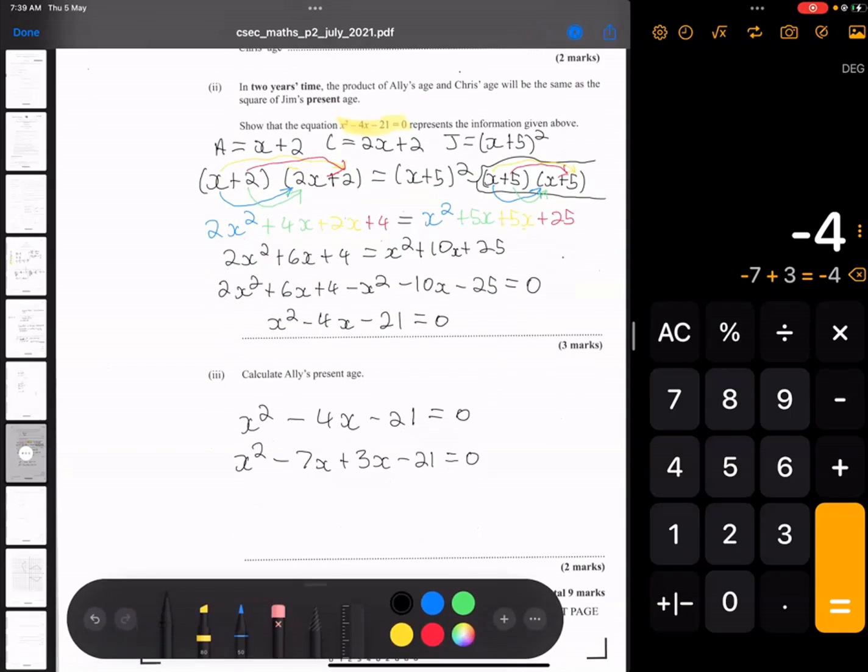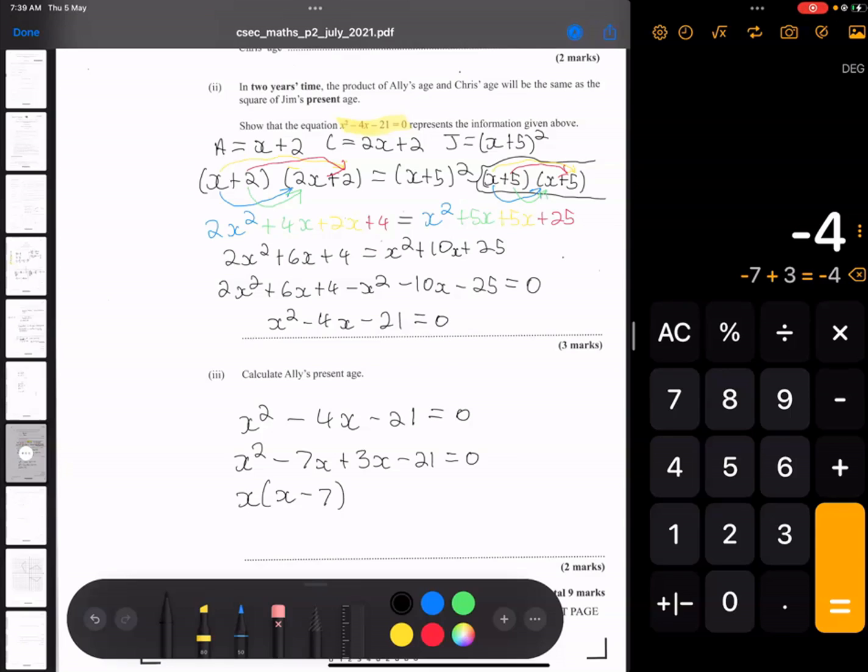So our next part now is going to factor out the x's on either side of the plus sign. So x squared take away 7x, we're going to factor out the x, which will then leave us with x take away 7.